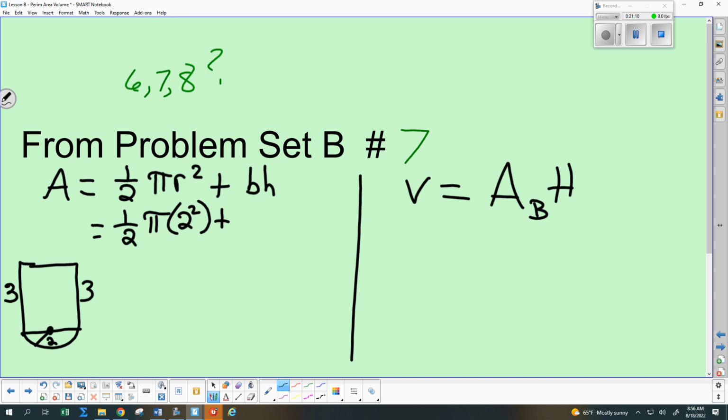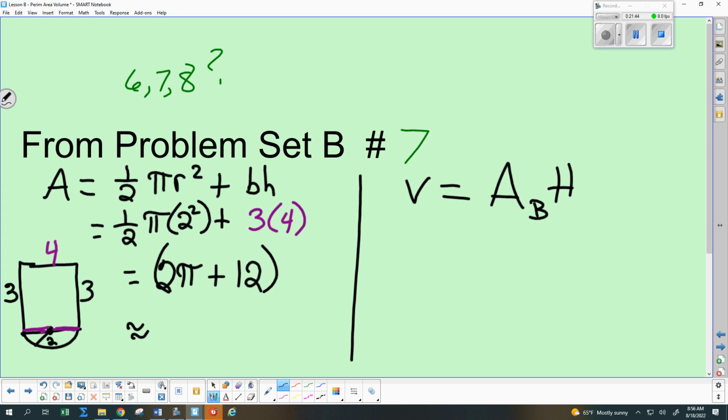And so for my rectangle, one side's 3, what's the other side? What am I going to get for my other side, Allison? Everybody good with if that radius is a 2, that's a 2, that's a 2, so this has to be a 4. So we have 3 times 4. So it looks to me like we are getting, let's see, 2 times 2 is 4, divided by 2 is just 2. So 2 pi plus 12. And punch that in on your calculators for me and let me know what you are coming up with there.